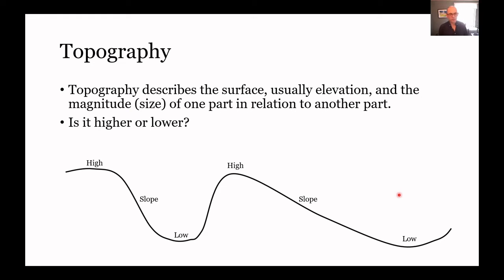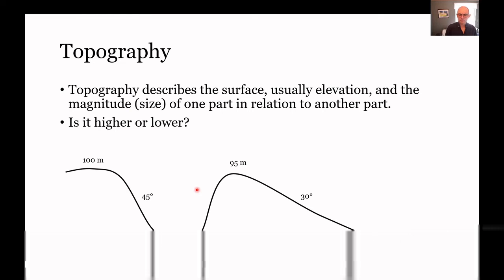So we have areas that are high and areas that are low, and then there's the concept of the slope. We can see that the slope is different here to there. Put some numbers on it perhaps: slope 45 degrees or 30 degrees. Elevation ranges between 10 and 100 meters. Very basic concept. This is topography, where we are in terms of elevation in the landscape.